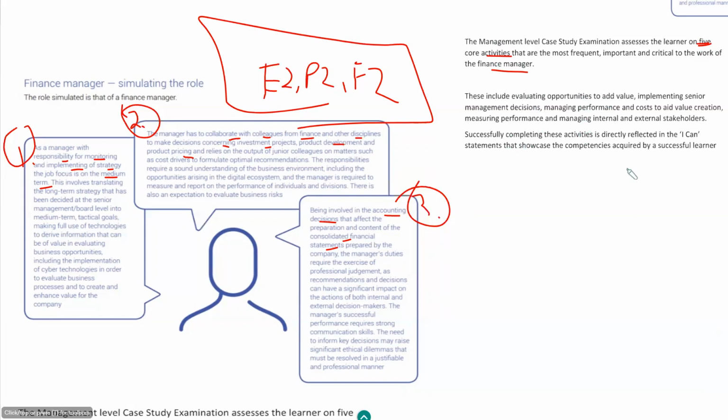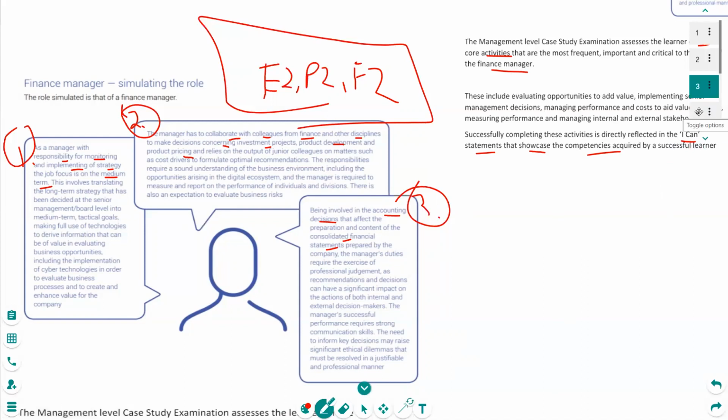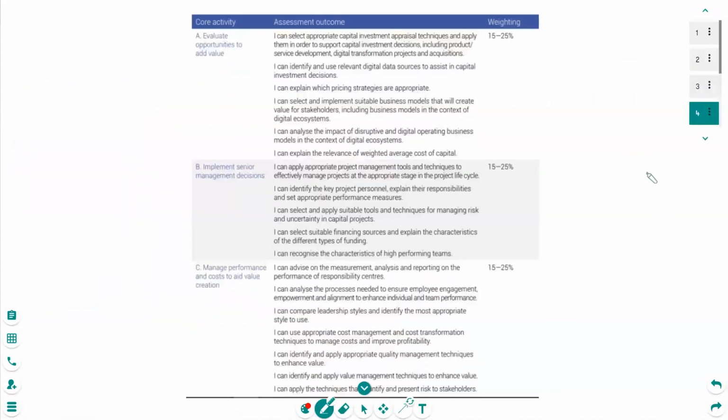Successfully completing this activity is directly reflected in the I-CAN statements that showcase the competencies acquired by a successful learner. So in short, your major focus has to be to first thoroughly go through the knowledge that a management case study exam requires.